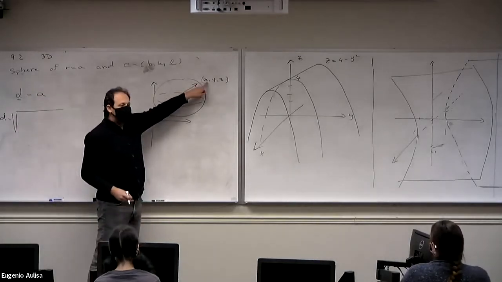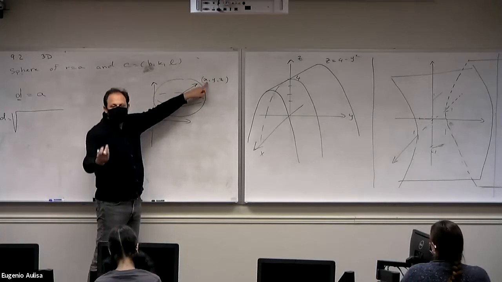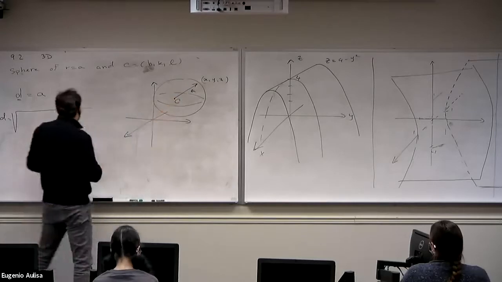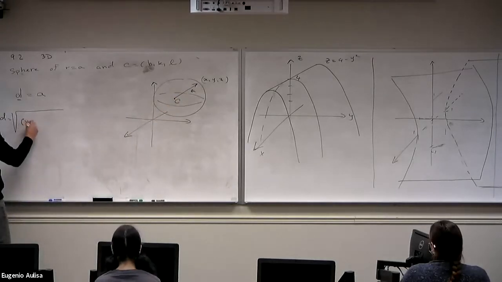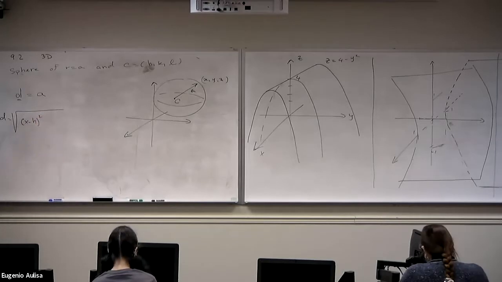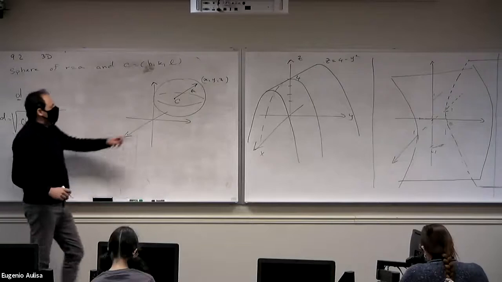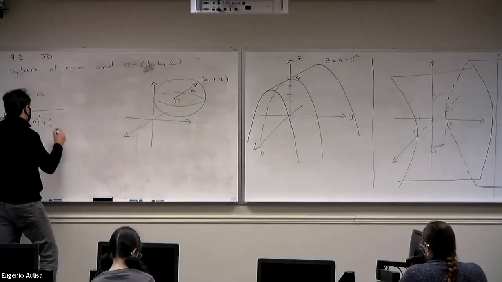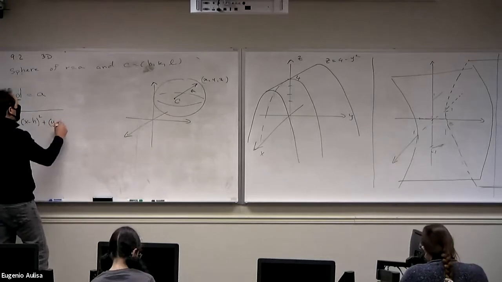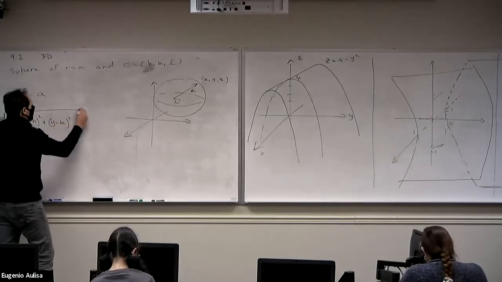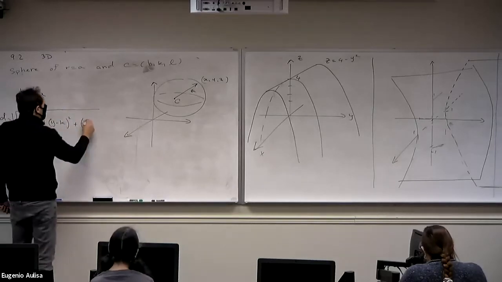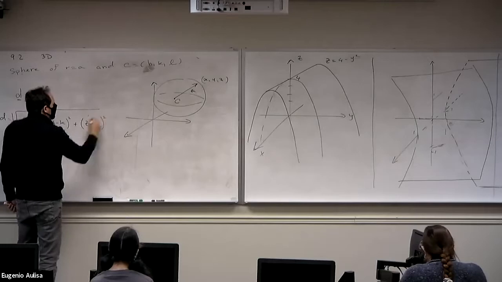Of the x-coordinate of this generic point minus the x-coordinate of the center, x minus h squared, plus the y-coordinate of this generic point minus the y-coordinate of the center, y minus k squared, plus z minus l squared.